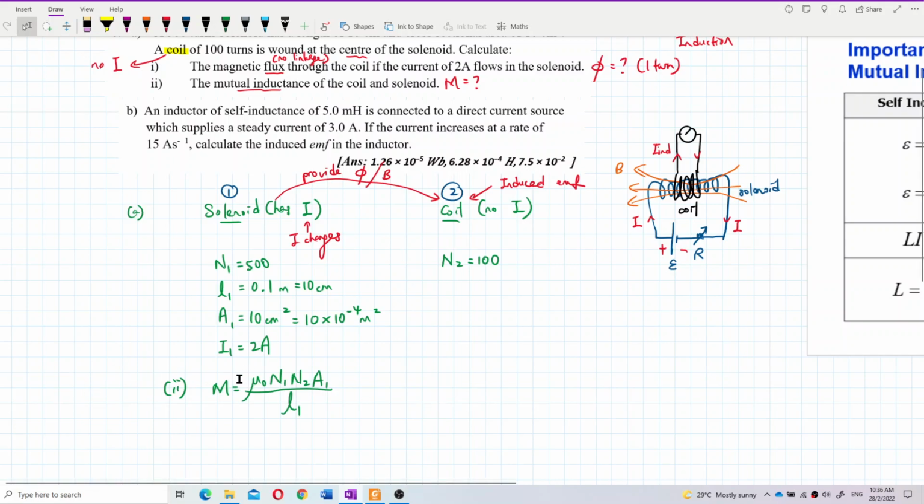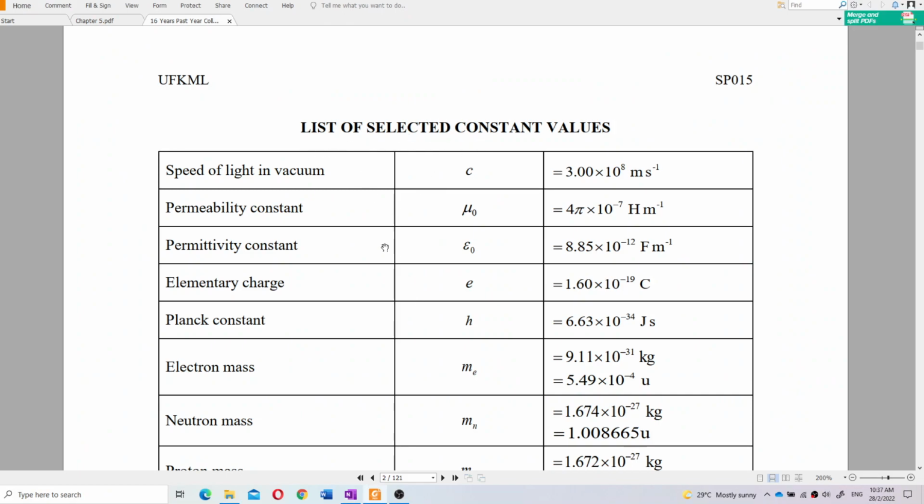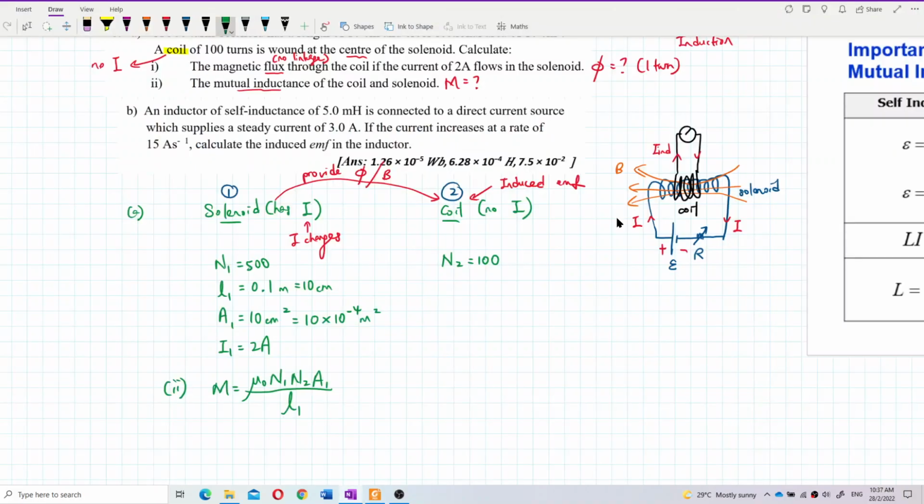So what is the value of mu naught? Mu naught can be found from the list of constants. Mu naught is the permeability constant, 4 pi times 10 exponent negative 7.